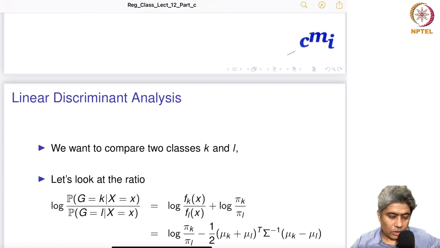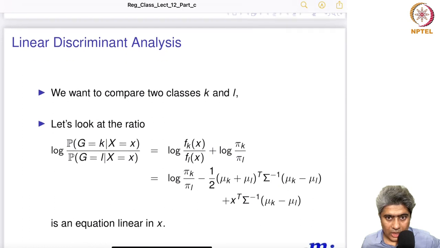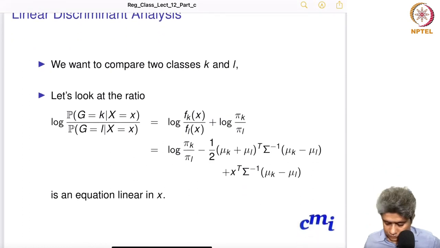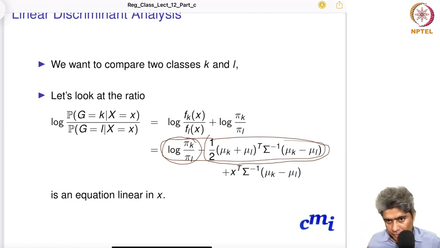Suppose we want to compare two classes k and l. Let's look at the ratios. You can see that pi_k and pi_l are already known to us, and mu_k, mu_l, and sigma inverse are all known to us. So the first two terms are completely parameter driven.